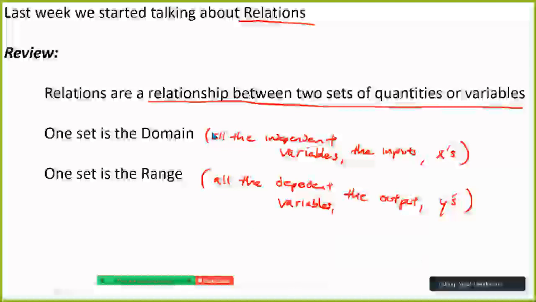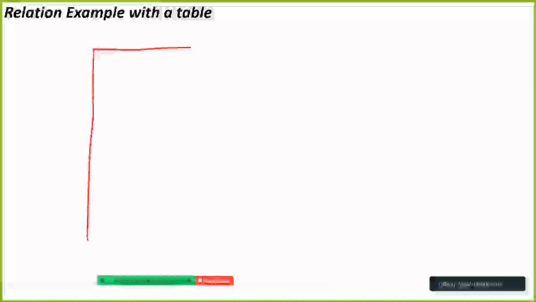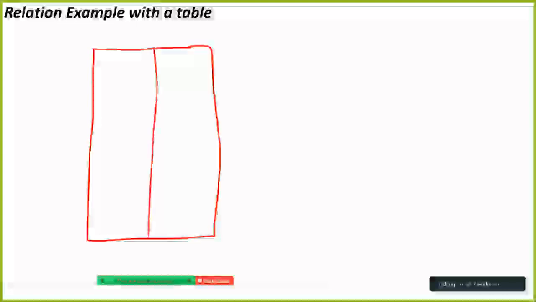Okay. And really quick, let's look at a relation in a table. So I'm just going to make up an example quick here. So we saw tables like this last week. And when we have a relation in math listed off with a table, there'll be inputs on the left and then outputs on the right.